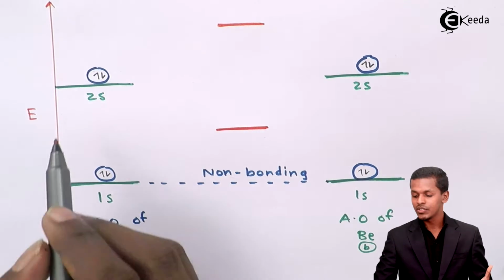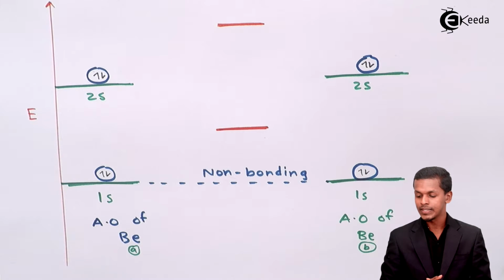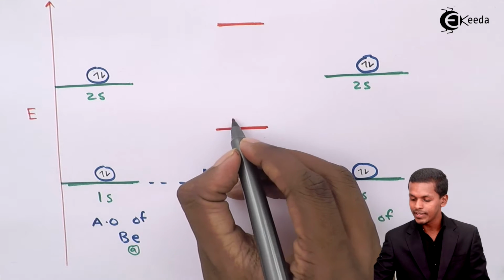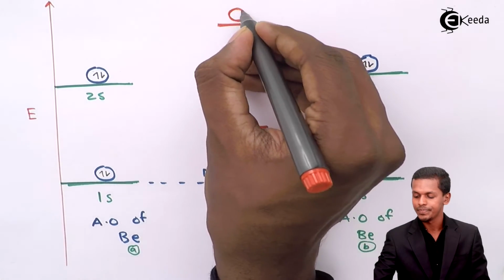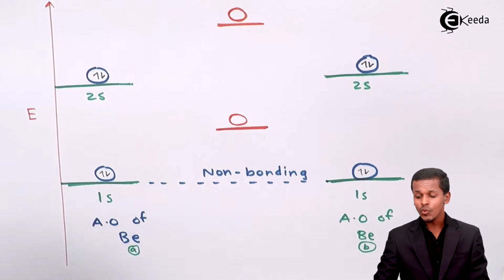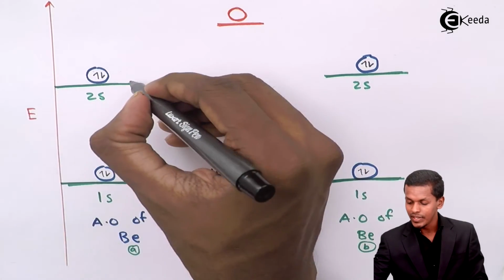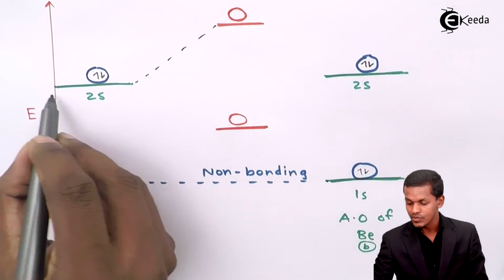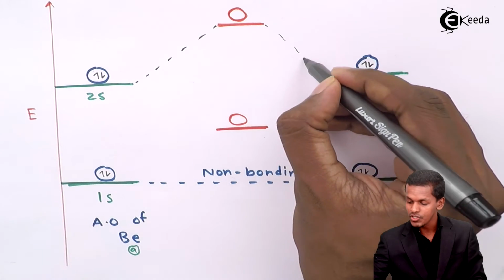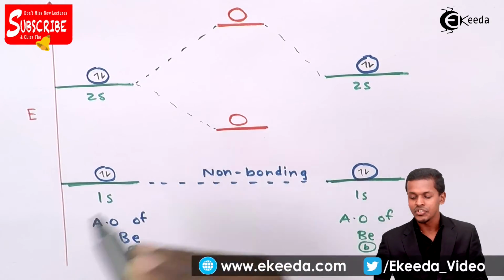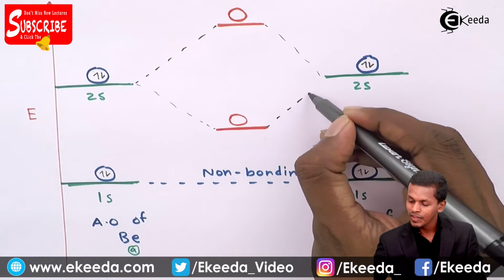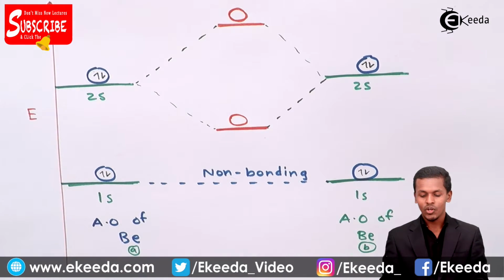Since there are two atomic orbitals, this is what we can see: this was the original level, but after the formation of molecular orbitals, it has been split into two levels, and that is what we have represented over here.